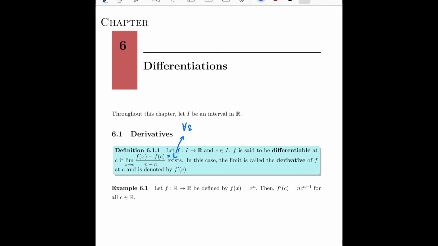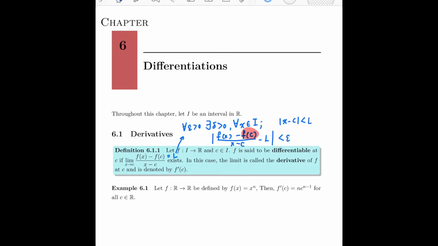For example, if this limit exists and is equal to L, it means that for any epsilon given, you can find a delta such that for all x in this interval I with distance from c less than delta, |(f(x) - f(c)) / (x - c) - L| < epsilon. However, because this definition uses the function value at c as well, x and c can be the same.